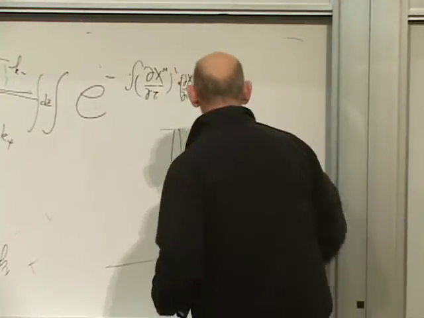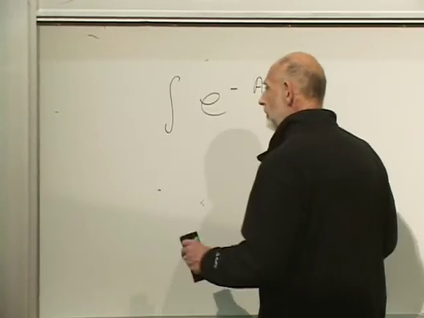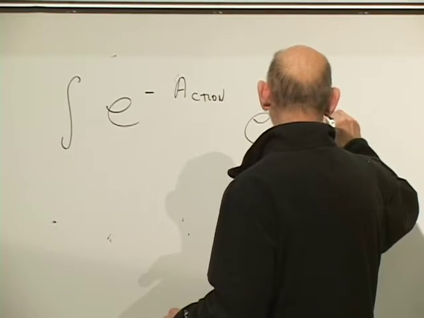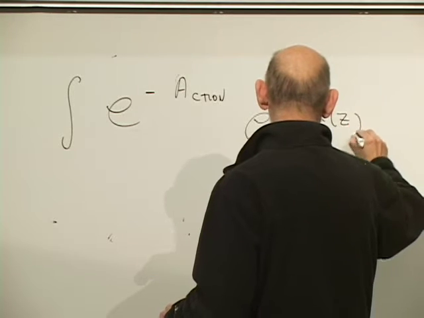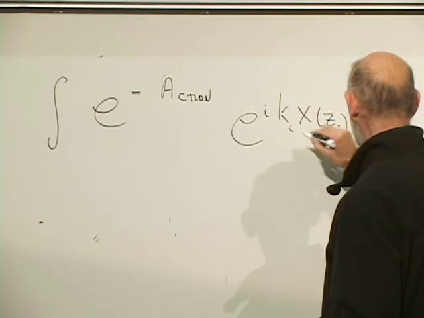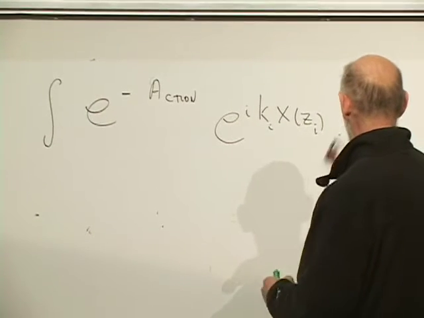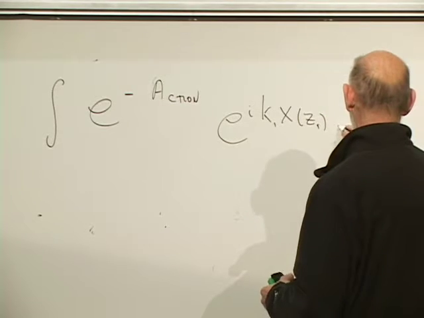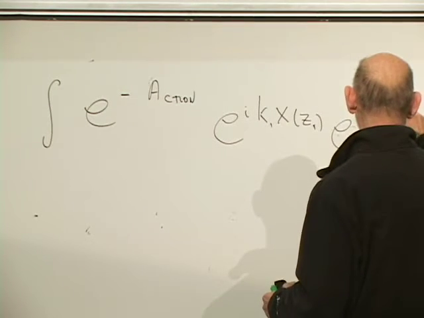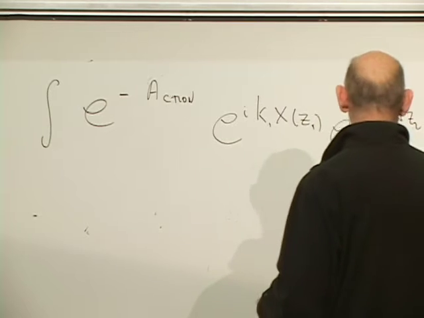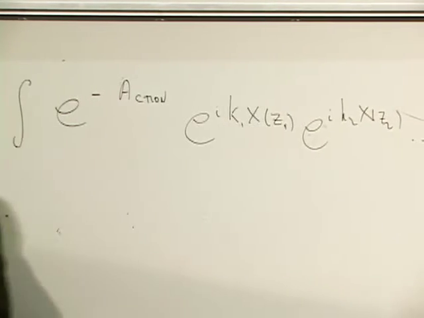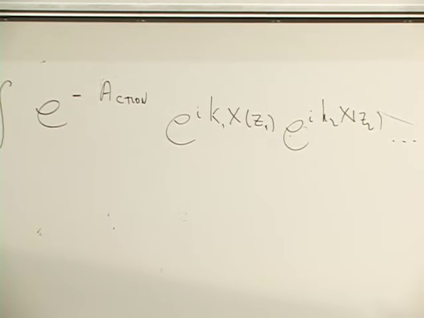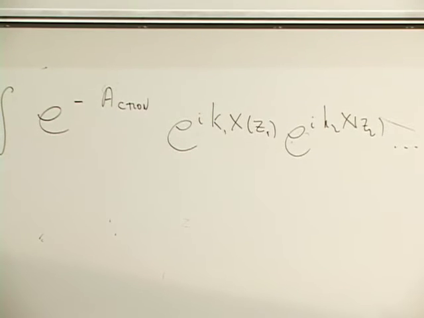This is the action, times for each external particle, a factor e to the i k x of z, say z_i, k_i, a factor for each one: e to the i k1 x of z1, e to the i k2 x of z2, dot dot dot for each external particle, where the z's are the positions on the disk where the momentum is injected.